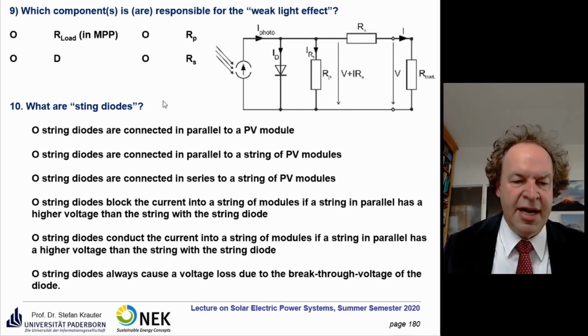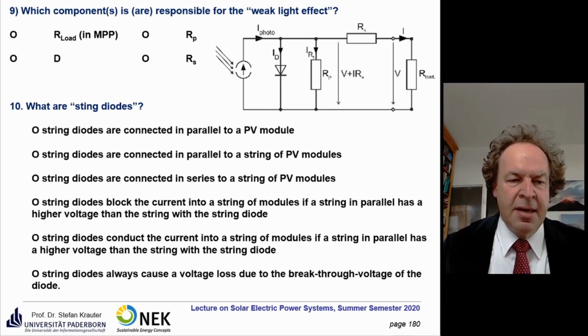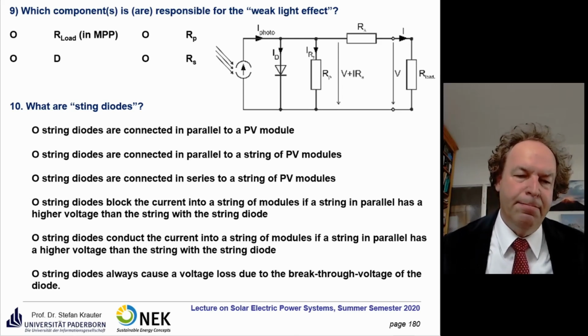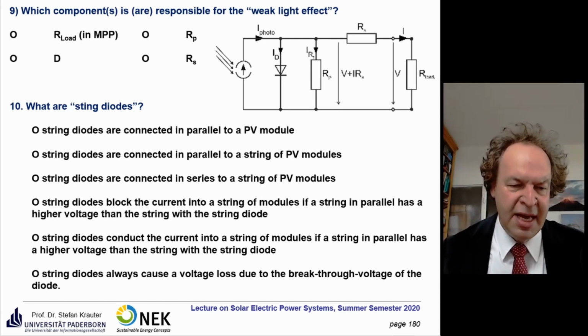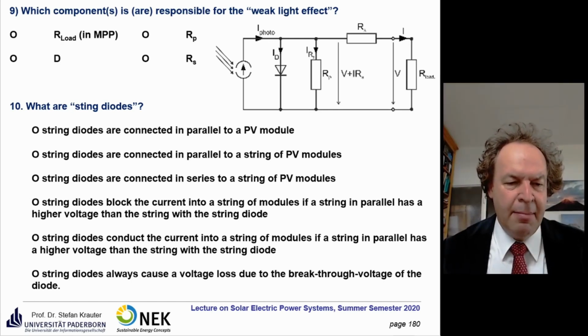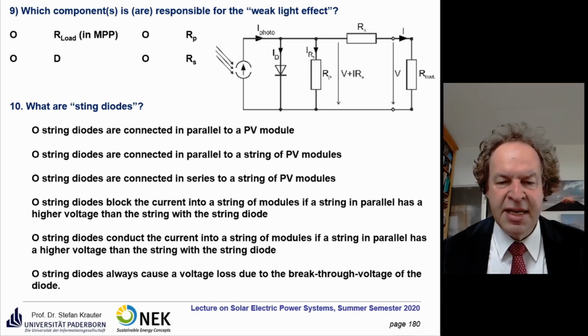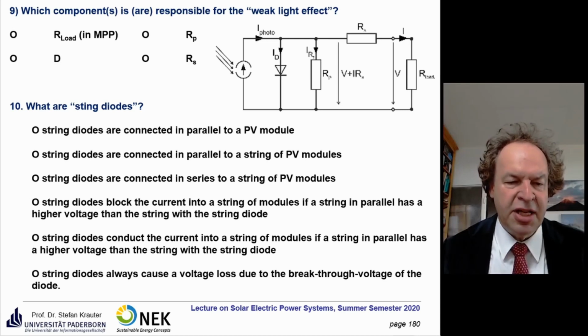What are string diodes? So are string diodes connected in parallel to PV modules? String diodes are connected in parallel to a string of PV modules. String diodes are connected in series to a string of modules. And string diodes block the current into a string of modules if a string in parallel has higher voltage than the string with the string diodes.